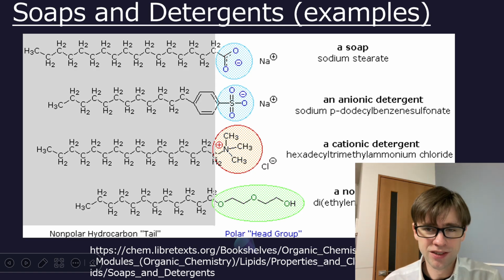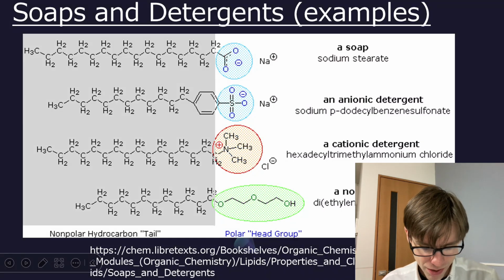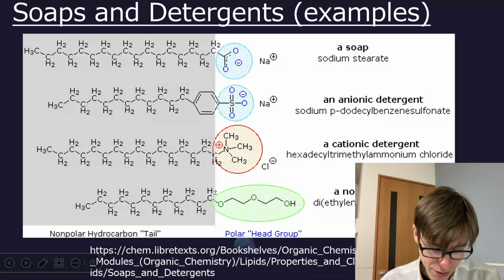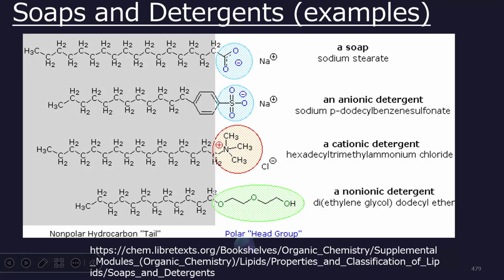But I think some people might even be sensitive to these highly ionic charged soaps. So if you want a slightly less harsh one, you might go with a non-ionic detergent. Ethylene glycol group as the hydrophilic head, and then a slightly shorter non-polar hydrocarbon hydrophobic tail. But they all work the same. Hydrophobic tail is attracted to dirt and grime. Hydrophilic head mixes well with water.